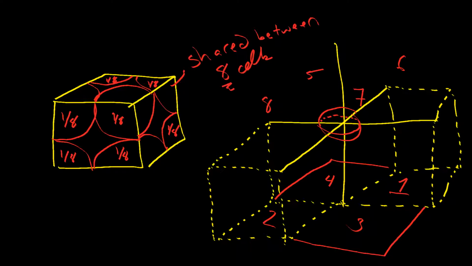But there's more ways to be inside of a cell than just sitting on the corner of the cube. Now I know I'm running up on the 15-minute mark, so hopefully you'll forgive me if I go a bit over. But there are other ways of being shared, I should say, between unit cells.